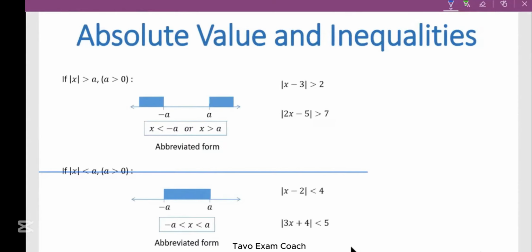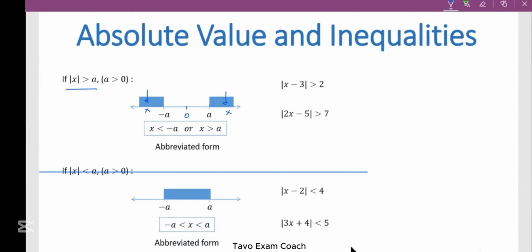When you compare an absolute value of an algebraic expression to a certain positive number, saying that it is greater than or less than, that means, in the first case, that you are saying that the distance of number x to 0 is greater than a units of distance. So for that to be true, then the position of x should be in this region or in this region.